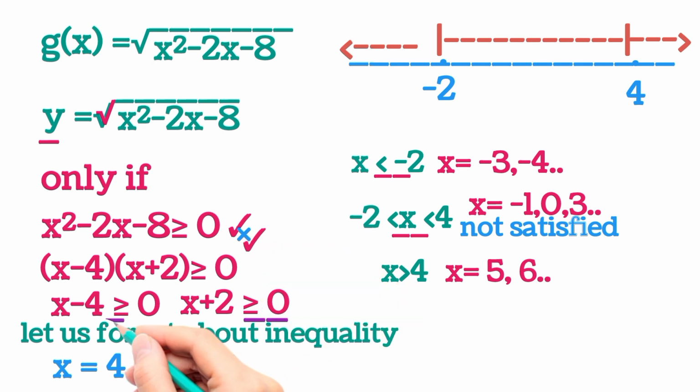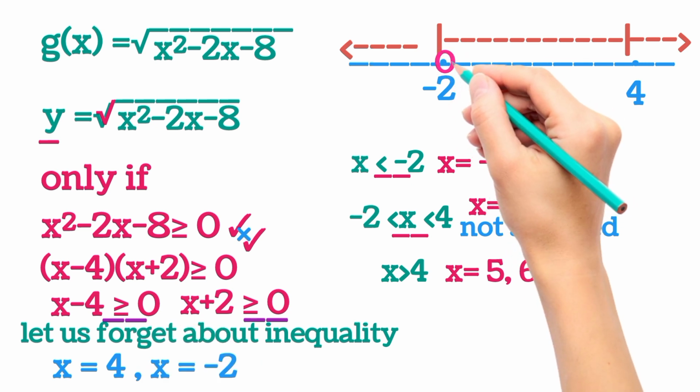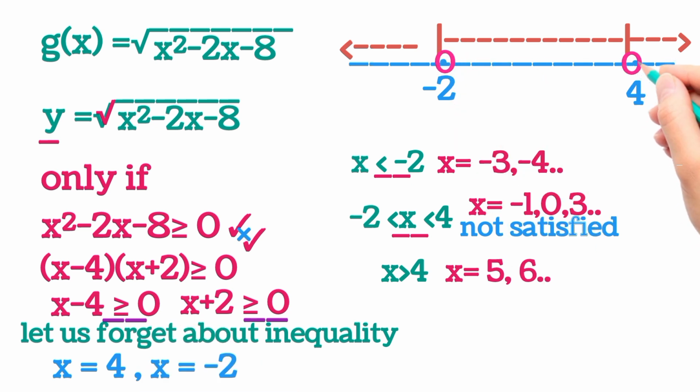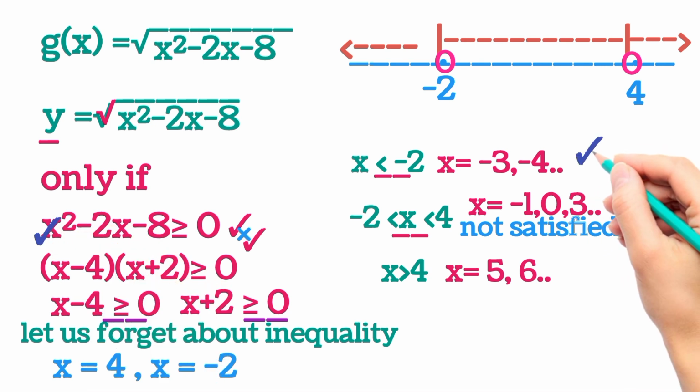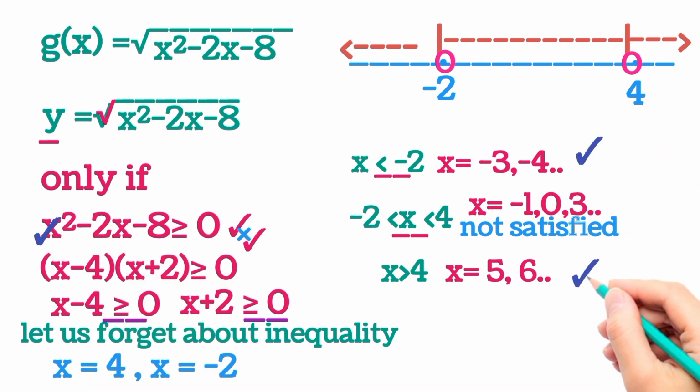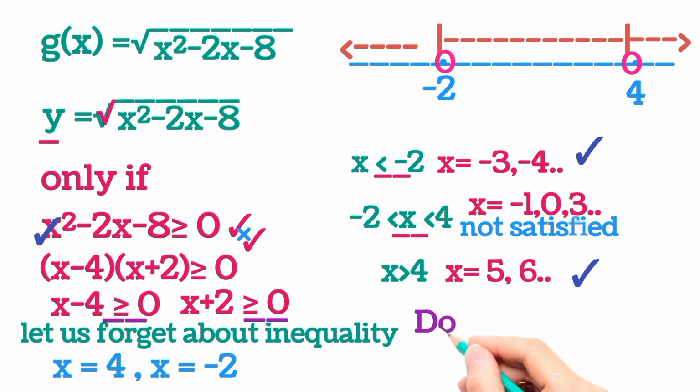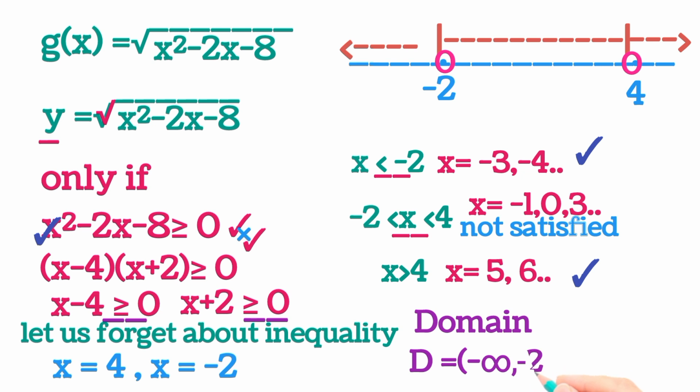Now here the condition was greater than or equal to 0, so these 2 points will also satisfy the condition. So the domain is (-infinity, -2] union [4, infinity), where the square brackets mean that -2 and 4 are included in the domain.